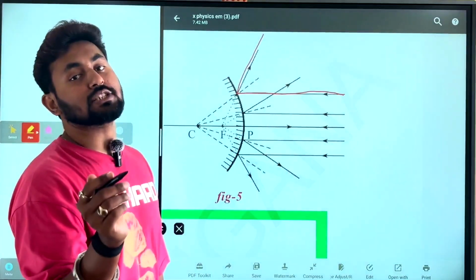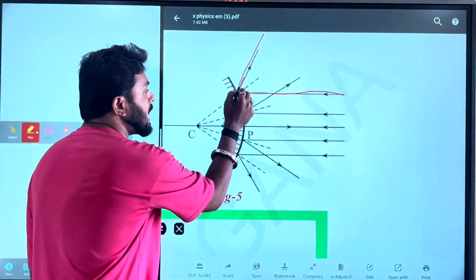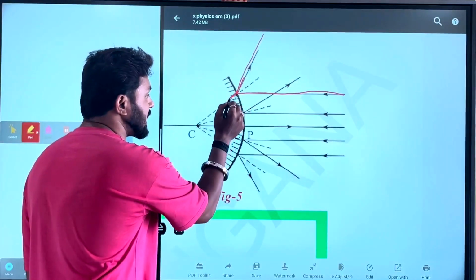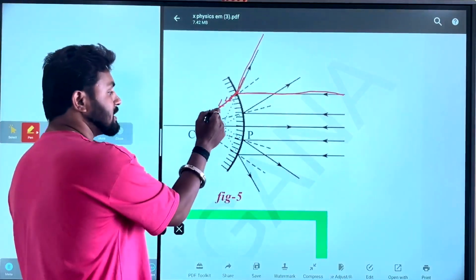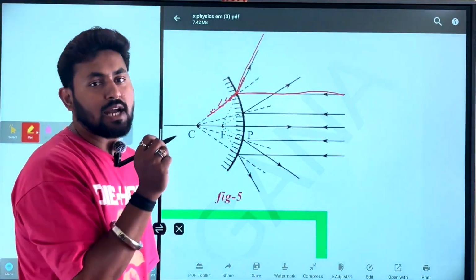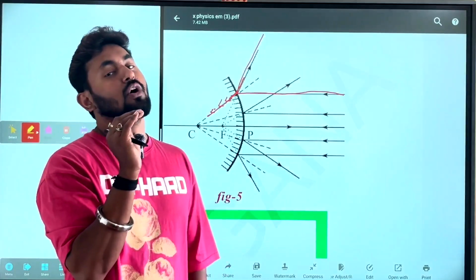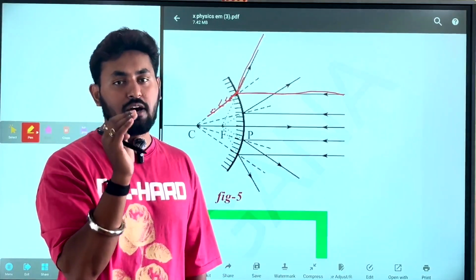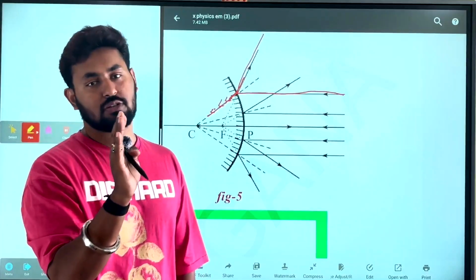But to get the reflection of the same, what we do is we drag this line. As I told you, all the normal lines of the incident rays will coincide at one point that is called the center of curvature.